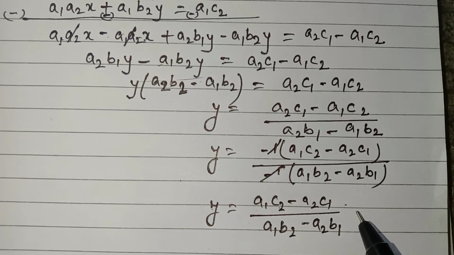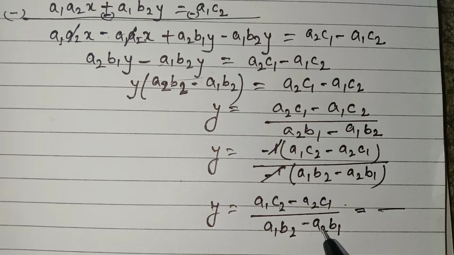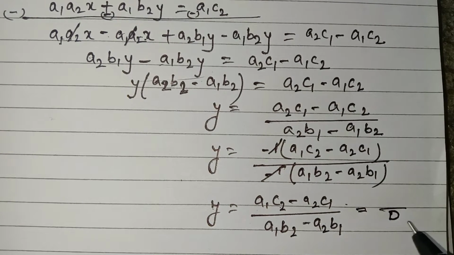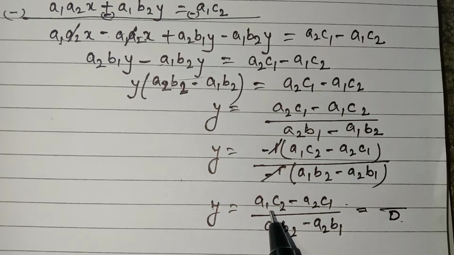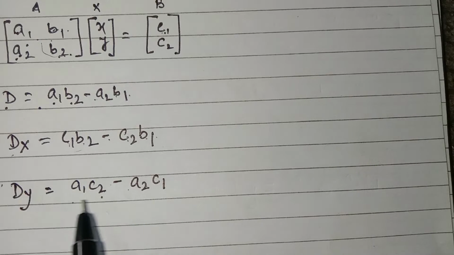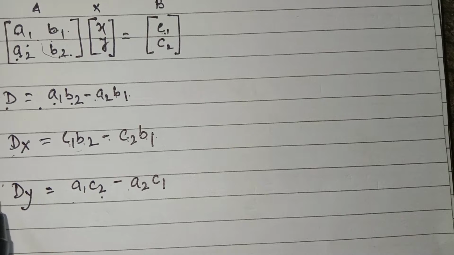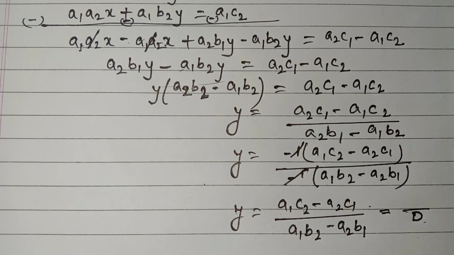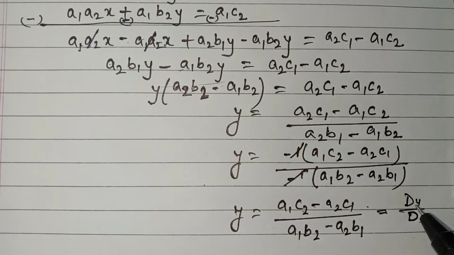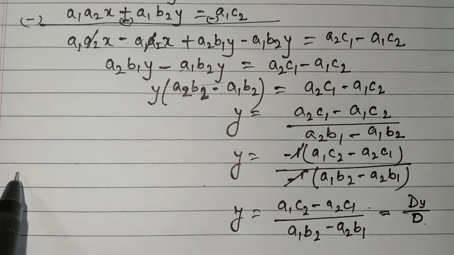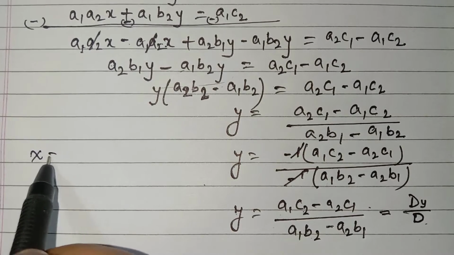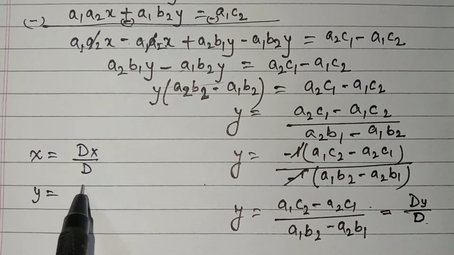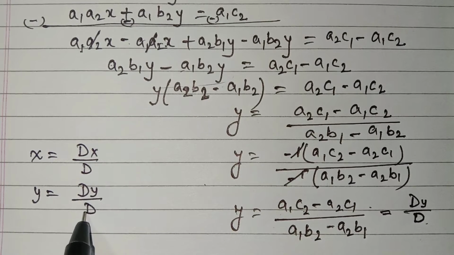Friends, we know that A1 B2 minus A2 B1 is the determinant of the matrix, which is denoted by D. And this term is the determinant of y, which is denoted as Dy. At last we got that x is equal to Dx by D and y is equal to Dy by D.